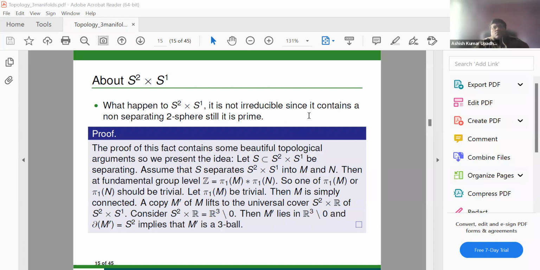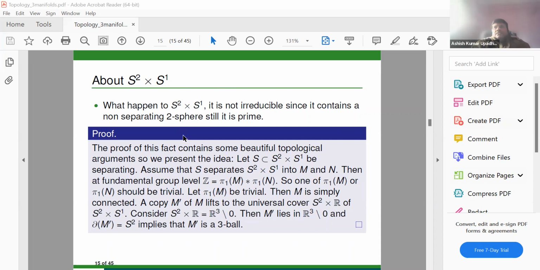Now what happens to S2 cross S1? It is not irreducible, and first of all it is important that we visualize what S2 cross S1 is. To start with, we can take S2 cross I, where I is a closed interval.